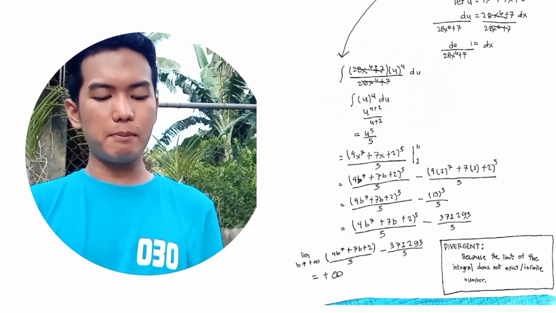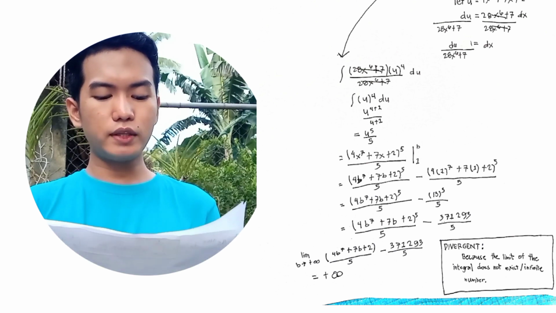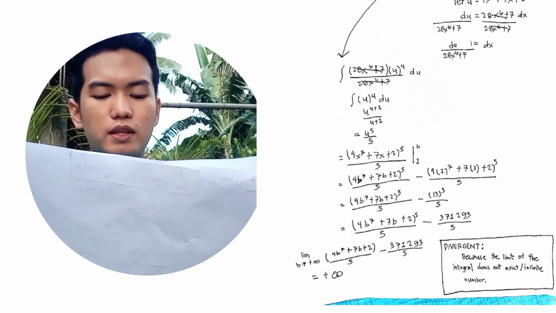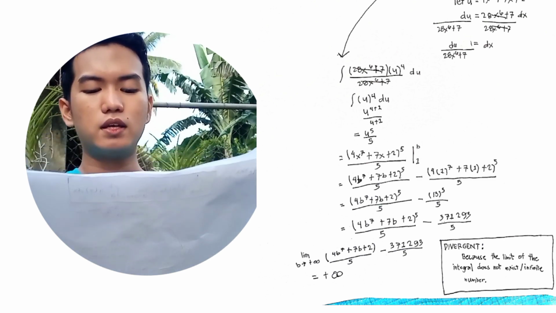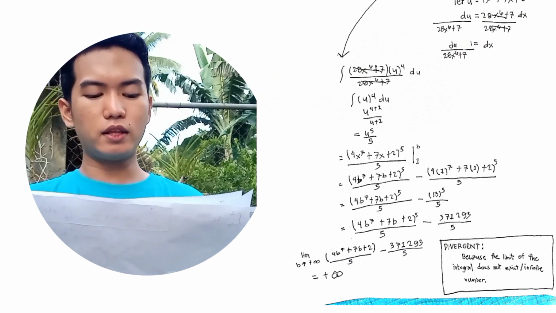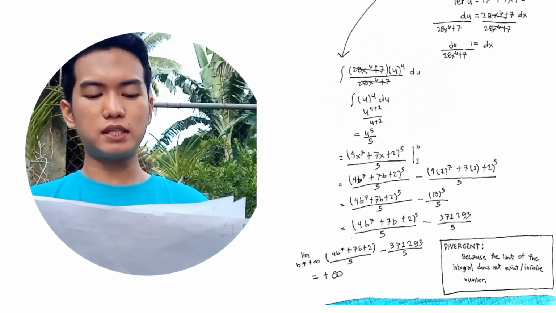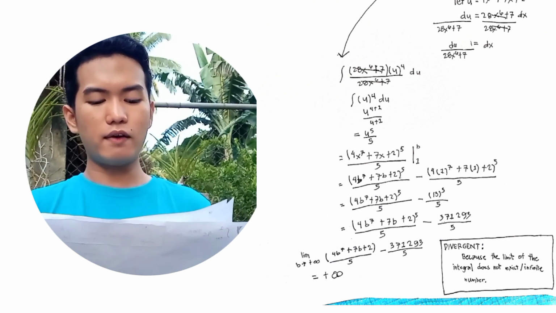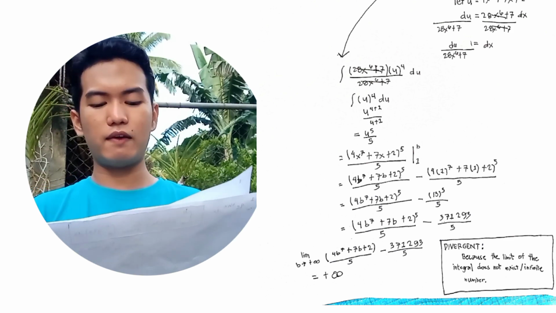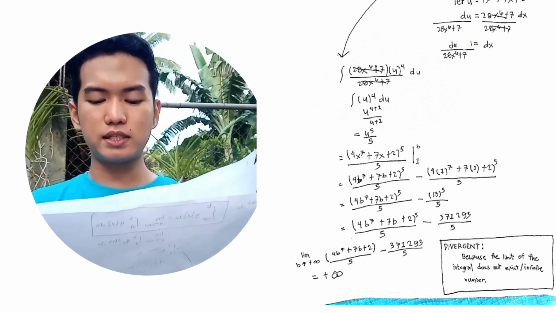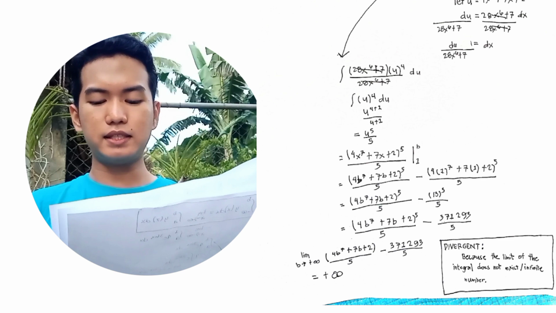So let's find the limit of 4b to the power of 7 plus 7b plus 2, to the power of 5, over 5, minus 371,293 over 5, where b is approaching positive infinity. As the result, we have the answer of positive infinity. This is divergent because the limit of the integral does not exist, or it is an infinite number.